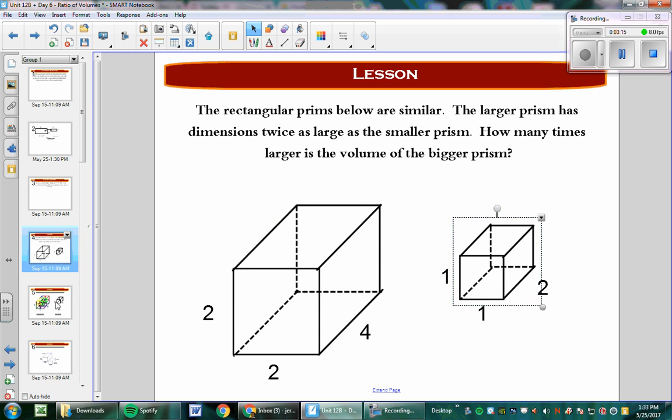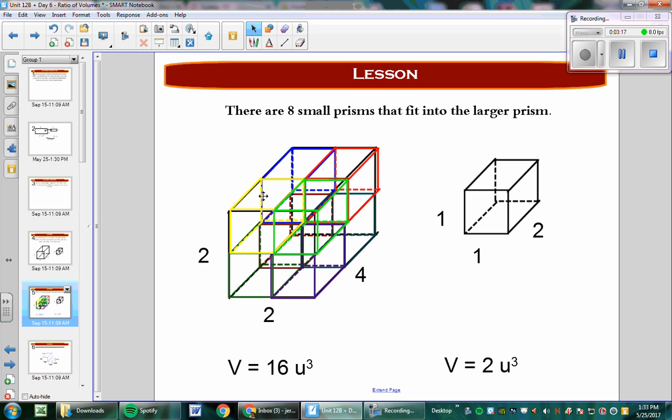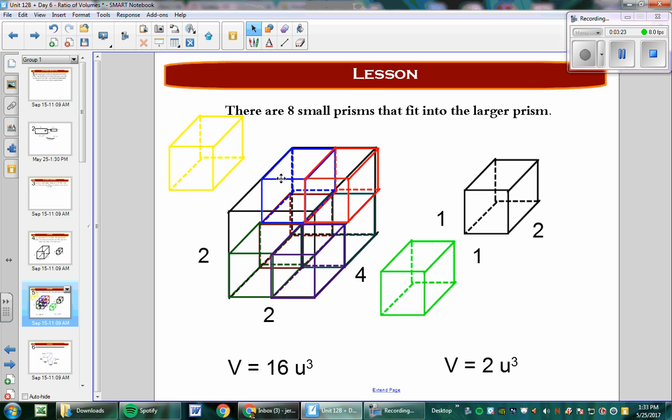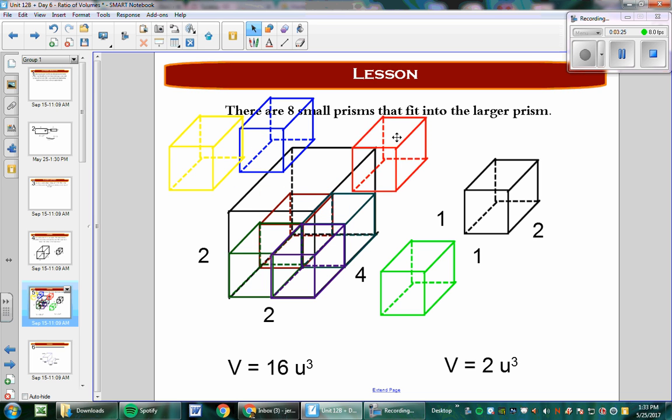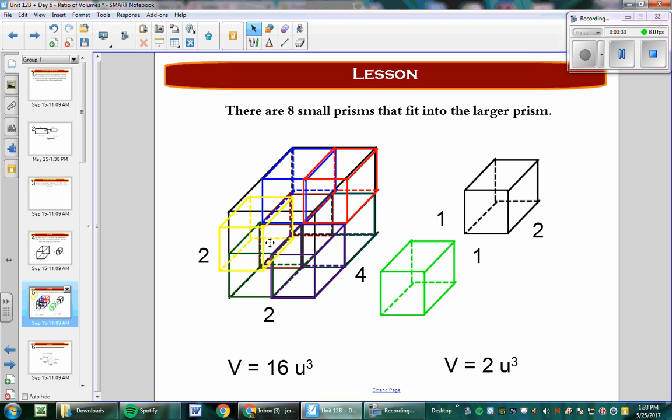A way to visualize it, this might even be harder to see. I tried to color them all different colors, but if I take these out, you can see that there's 4 on the bottom, and there's going to be 4 more on top. Great. So now we know that if I find the volume here, I get 2.